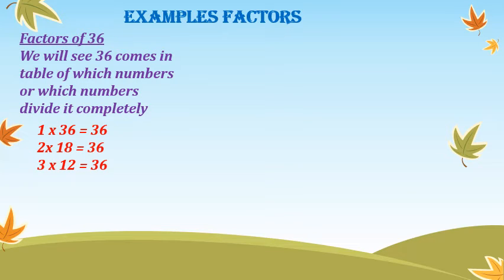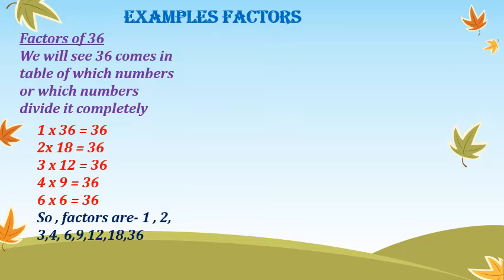It comes in the table of 3 because 3 12s are 36. It comes in the table of 4, 4 times 9 is 36. 36 also comes in the table of 6, 6 times 6 is 36. So the factors are 1, 2, 3, 4, 6, 9, 12, 18 and 36.